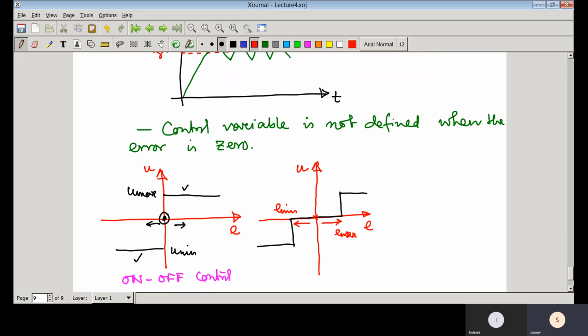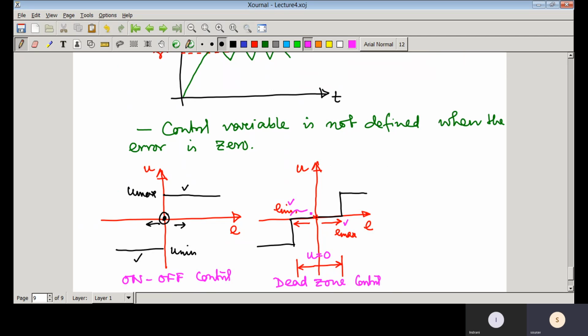When error is inside this band, then there is no control input. So when error is between E min and E max, control input equals 0. This particular zone is called the dead zone, so this is the dead zone controller.